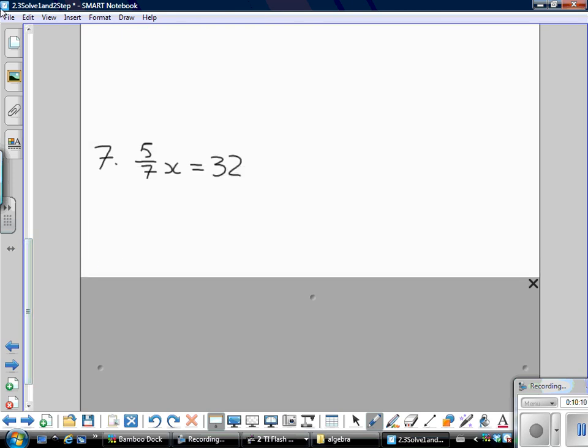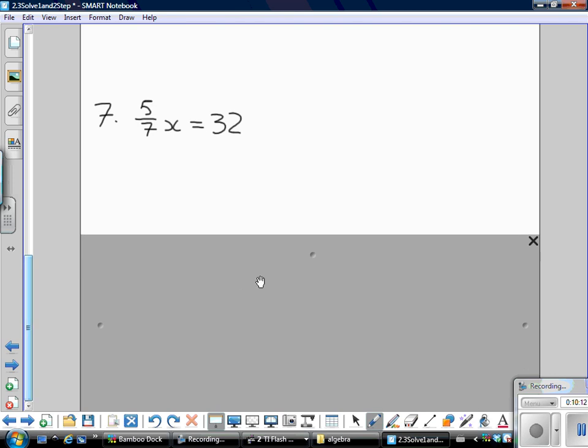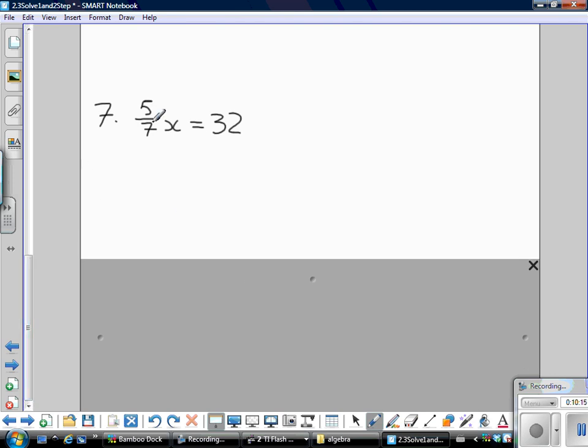5/7 x equals 32. Notice I'm doing quite a few of these because these are the ones that confuse students. Okay, what's the opposite of multiplying by 5/7 would be multiplying by 7/5 because it would be the same as dividing by 5/7. So do that to both sides. And when I do that, I'm left with 1x equals, and I have quite a mess here.